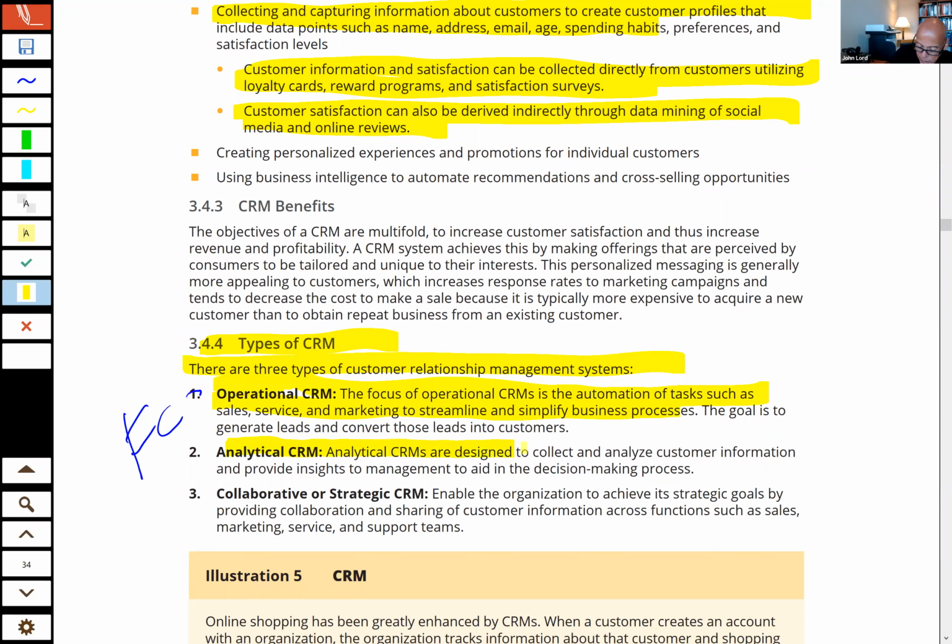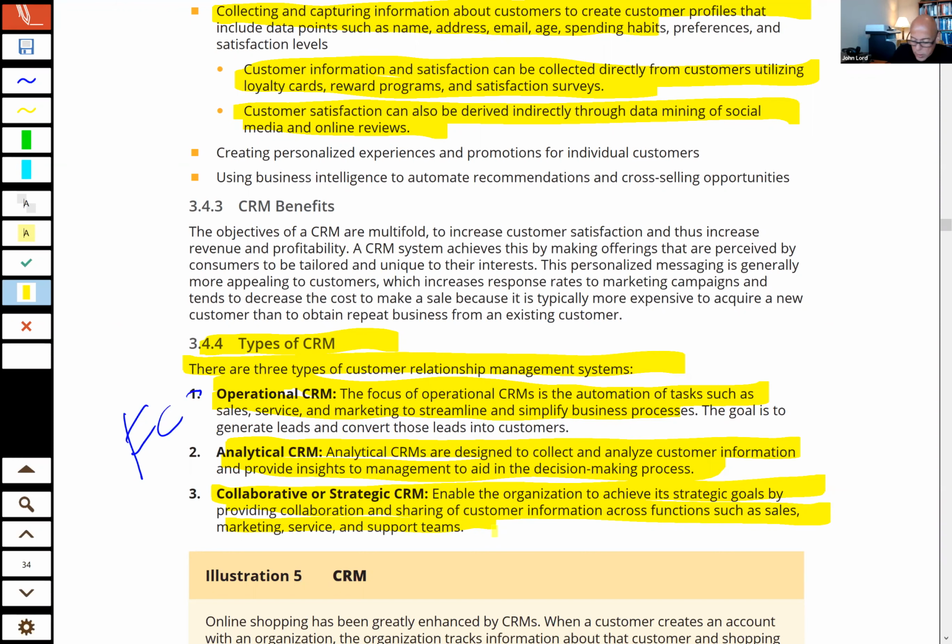Analytical CRM is designed to collect and analyze customer information and provide insights to management to aid in decision making. Collaborative or strategic CRM enables organizations to achieve their goals by providing collaboration and sharing of customer information across functions such as sales, marketing, service, and support teams.